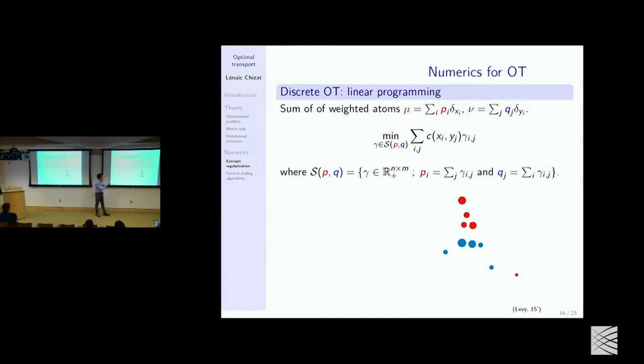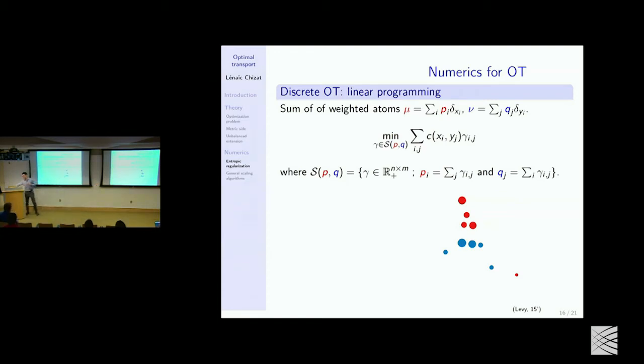They are sums of weighted points at locations x_i with weights p_i for mu, and similarly for nu. If I rewrite the optimal transport problem in this new discrete setting, my cost function can be summarized by a matrix, which just says what is the cost of pairing the point number i to the point number j.